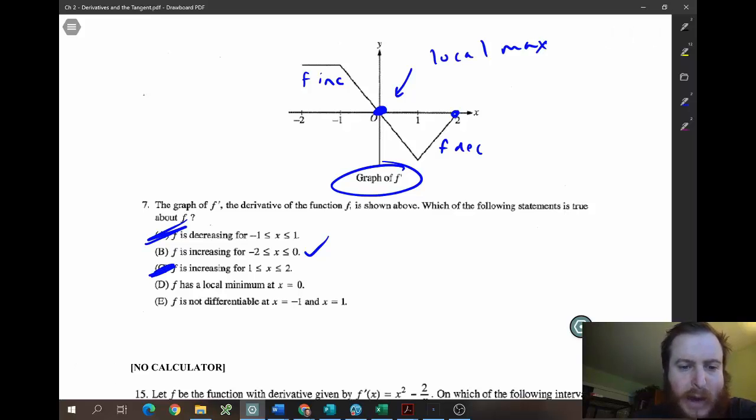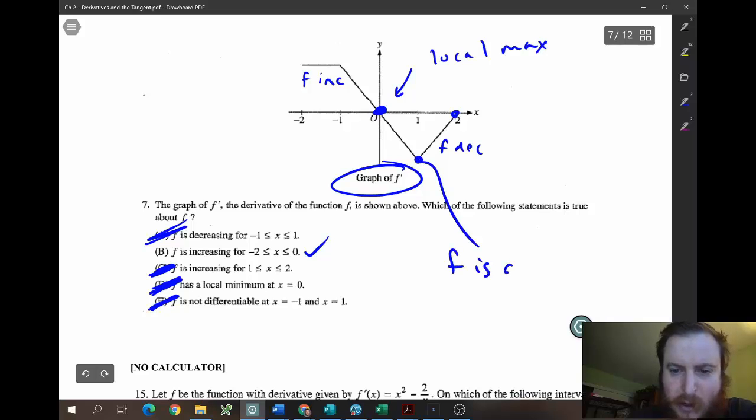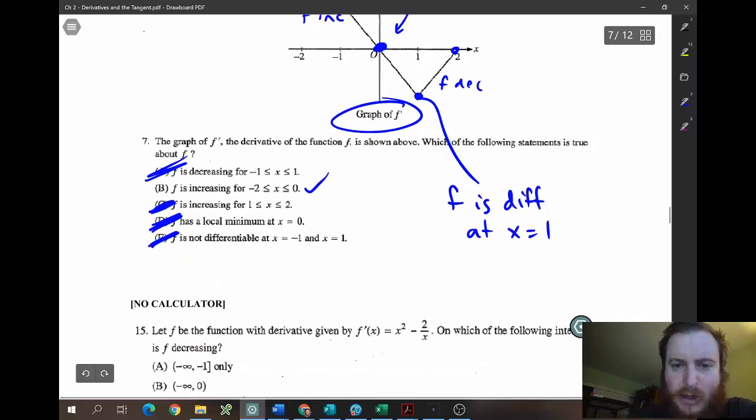F has a local min at 0, no, it has a max, and f is not differentiable at -1 and 1. This is actually not true. A lot of people will say, oh, f is not differentiable here. F is differentiable here. I know the graph makes a corner, but it's the graph of f prime. So f prime of 1 does exist.